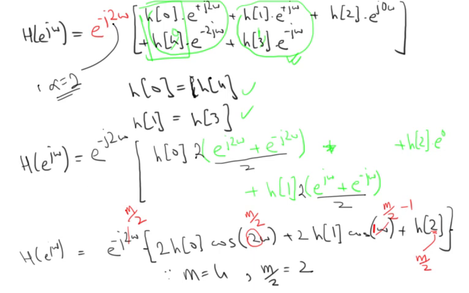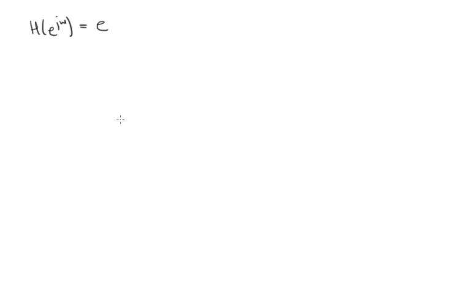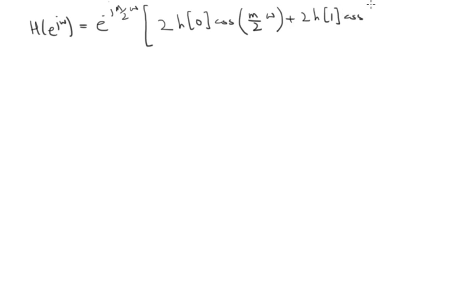So my expression will become e raised to power minus j m by 2 omega, 2 into h of 0 cos of m by 2 omega plus 2 h of 1 cos of m by 2 minus 1 omega plus h of m by 2.